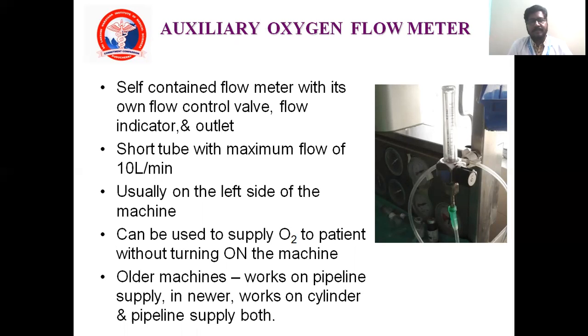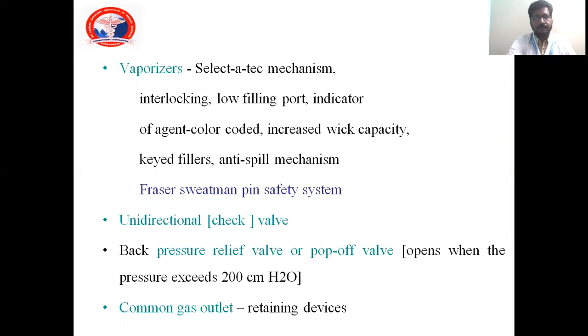It is usually on the left side of the machine and can be used to supply oxygen to the patient without turning on the machine. Older machines work on pipeline supply. In newer machines, it works on both cylinder and pipeline supply.